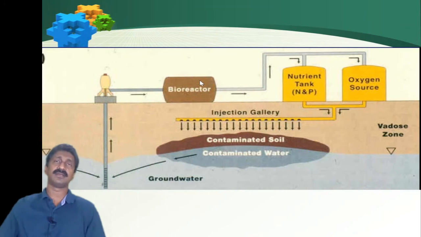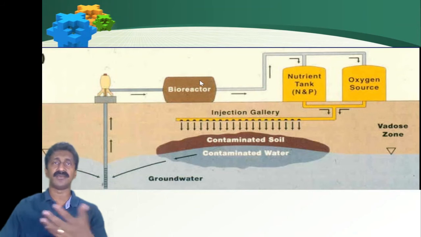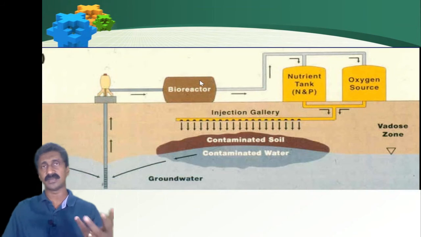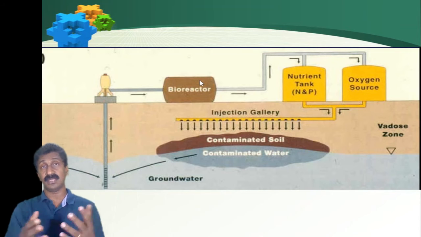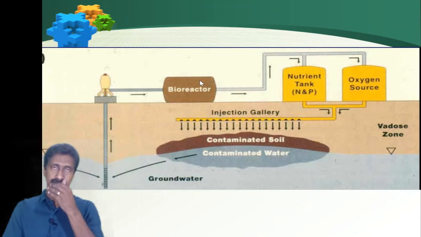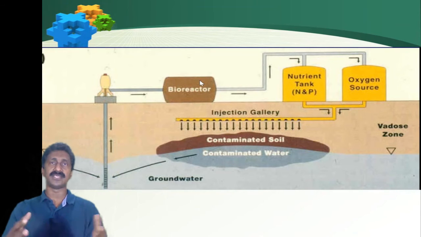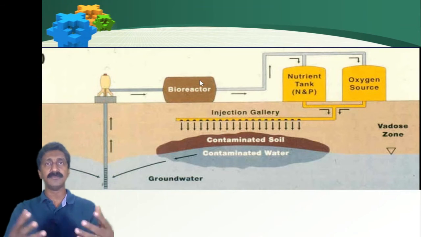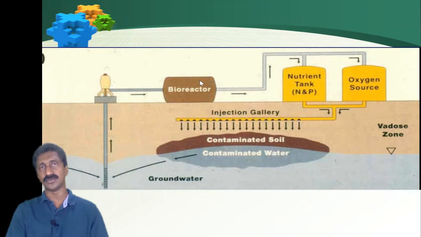So this process will continue until the level of the pollutant is reduced to a significant level at a later stage. So that can be monitored, as we discussed in the flowchart earlier. The final stage is the validation or verification process, whether your treatment is effective or not.